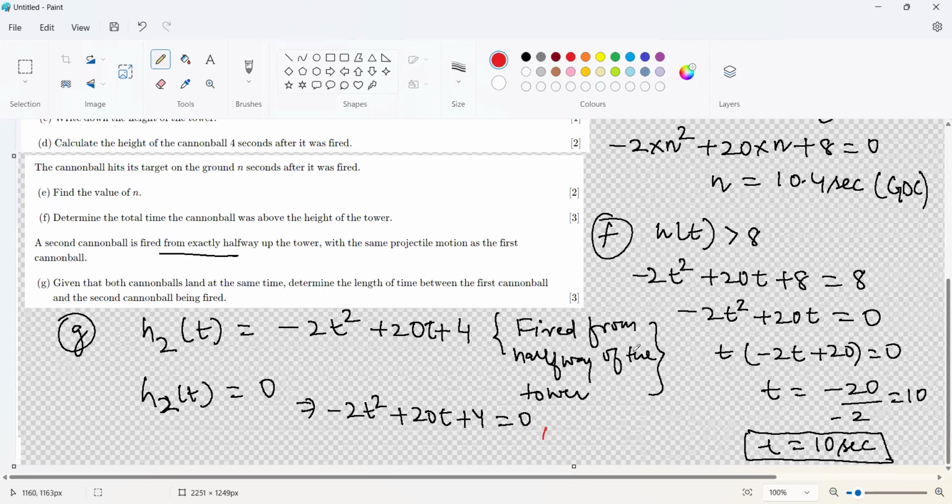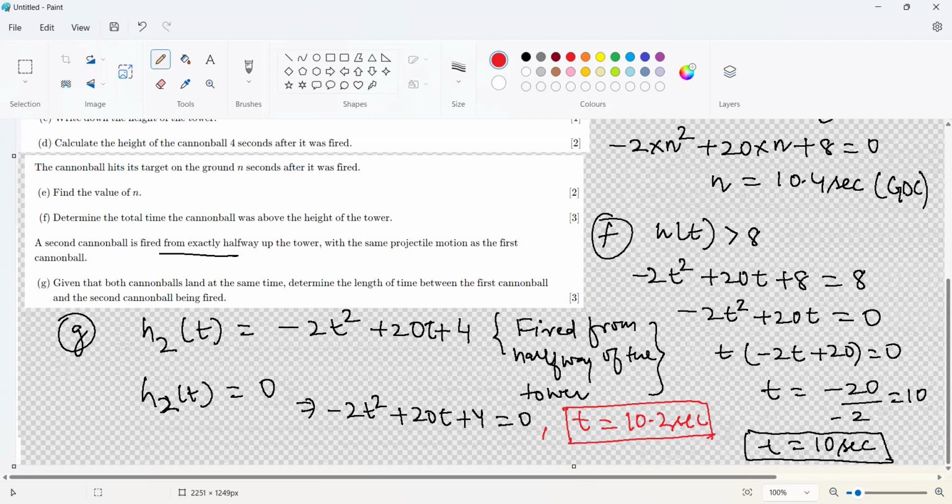So from here I obtain t, solving it for 0. You obtain t is equal to 10.20. So this is the time the second cannonball takes to hit the ground.